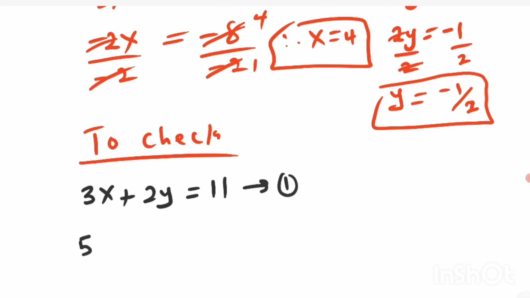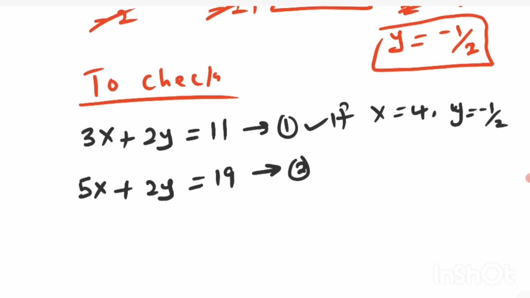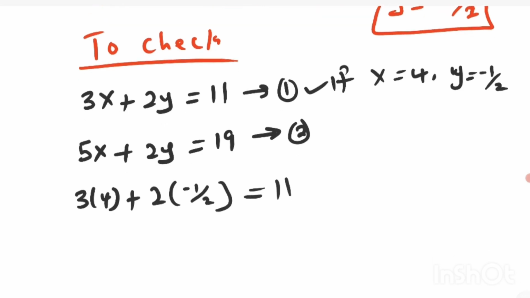Then 5x plus 2y equal to 19. Now if x equal to 4 and y equal to minus 1 over 2, then let's consider this. We have 3(4) plus 2(minus 1 over 2) is equal to 11.